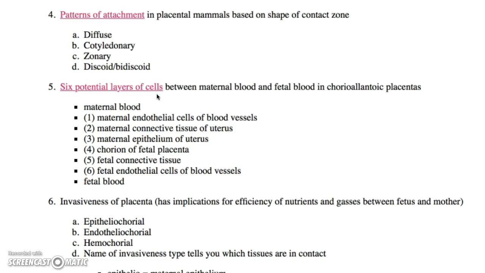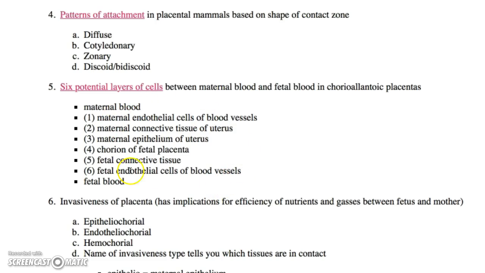And so if we look at the very basic anatomy of that part of the placenta, there are 6 different layers of tissue that can appear between where the fetal blood is circulating and where the maternal blood is circulating. And I want to emphasize here that there's never any mixing of blood between the fetus and the mother. There's always some degree of separation, some layers of tissue in between the two, but how much is in between varies from species to species.